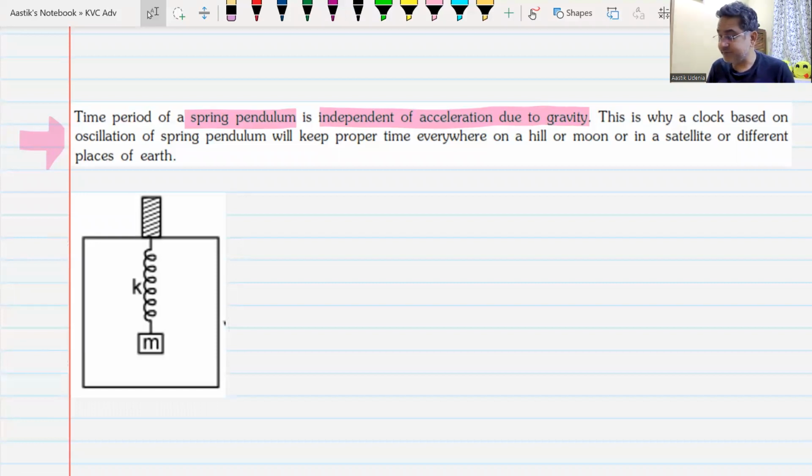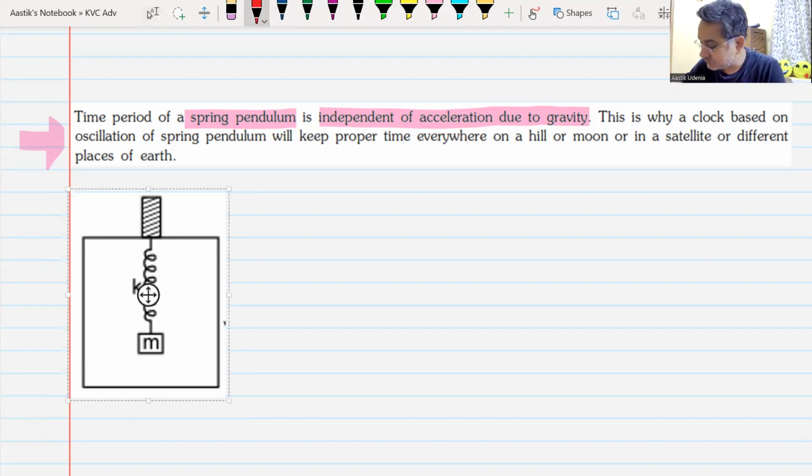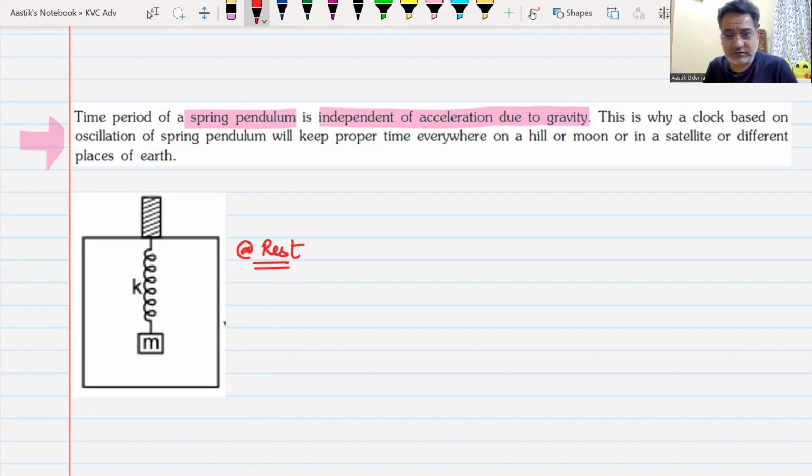This is the lift. The spring pendulum is kept in this lift, and then I start to oscillate it. This lift is at rest, not going anywhere, and I start the oscillation of this particle.